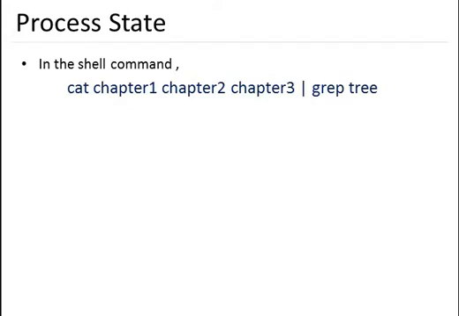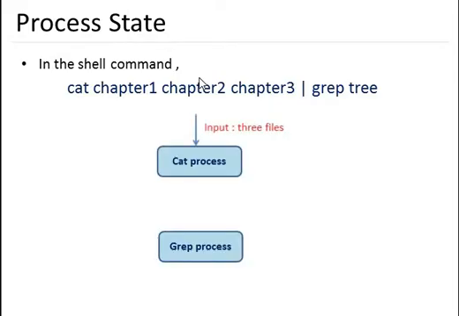So I read the content of these three files, and after that I perform a search operation using the grep command. Whenever I execute this command, two processes are created: the first is the cat process and the second is the grep process.